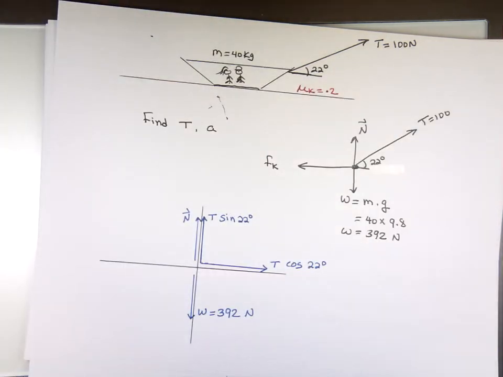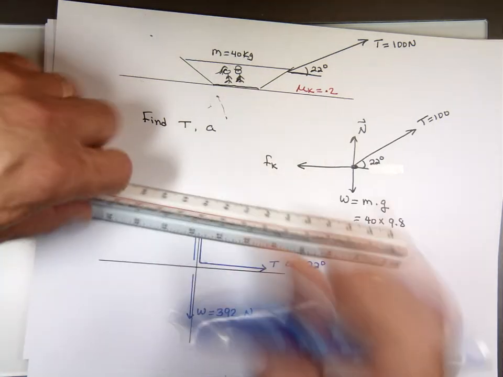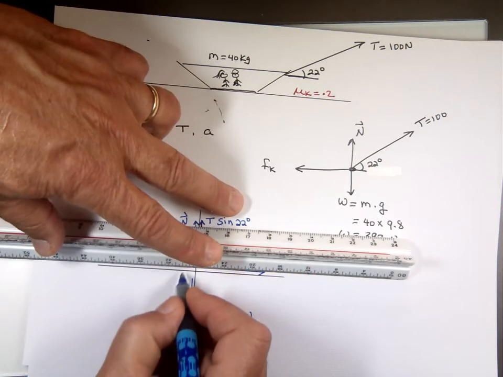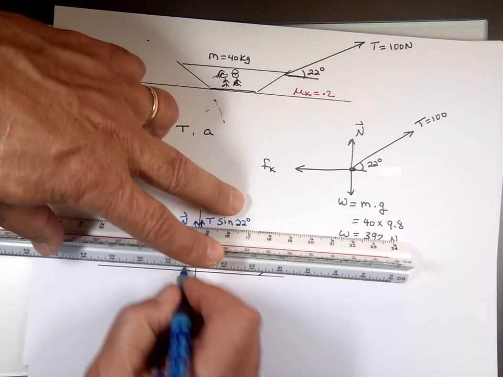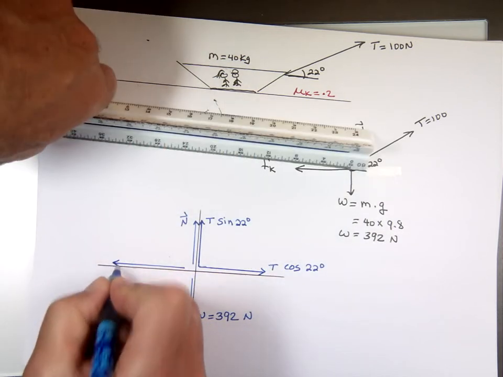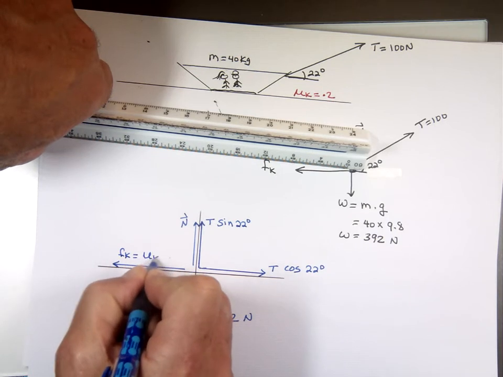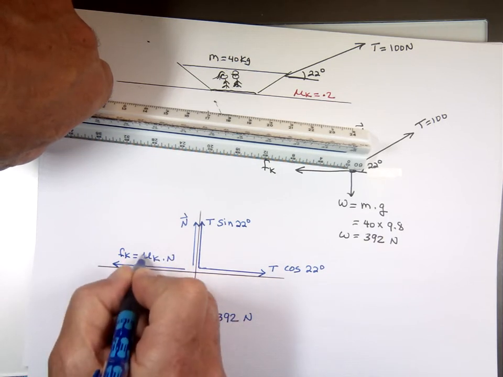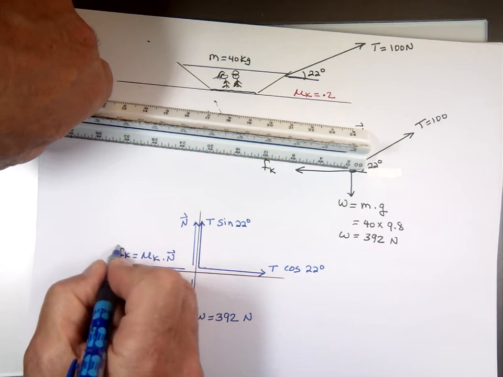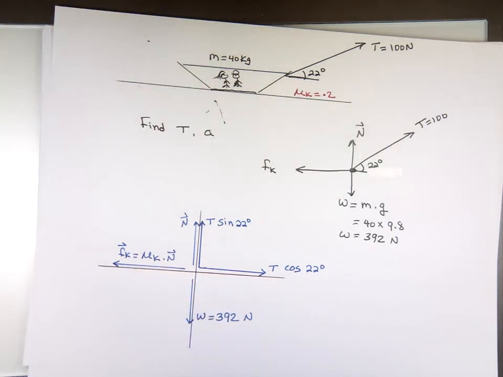And the kinetic friction is going this way, which is, by the way, mu k times n. In which way is the object moving, or the sled moving with the kids in it? It's going to move to the right.